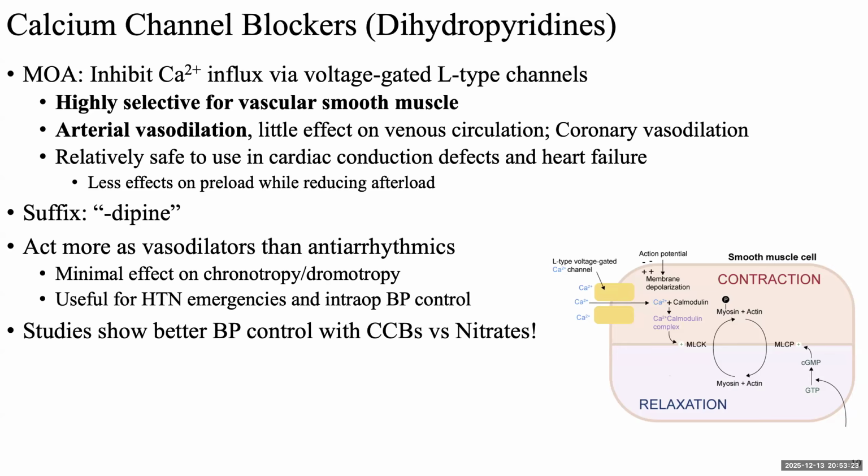These drugs are highly selective for vascular smooth muscle, and we get the benefit of arterial vasodilation with these ones, while there's very little effect on venous circulation. We also get coronary vasodilation.